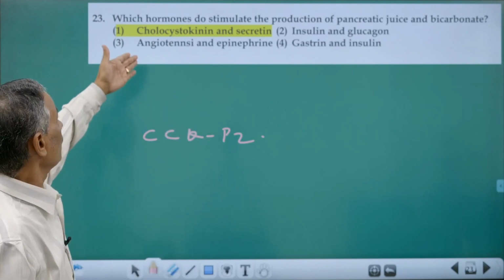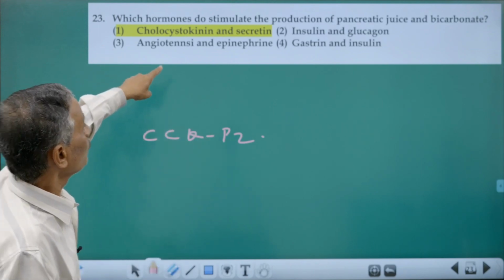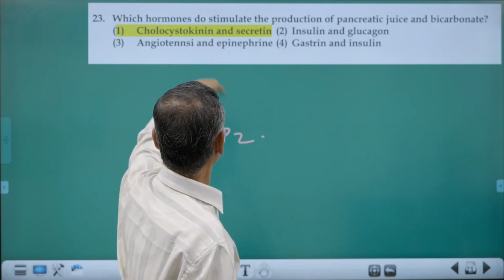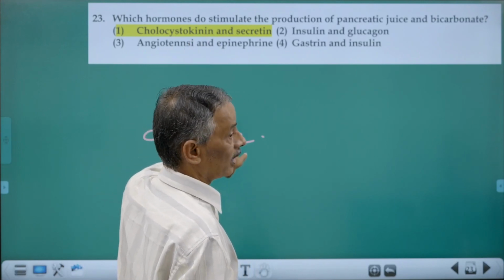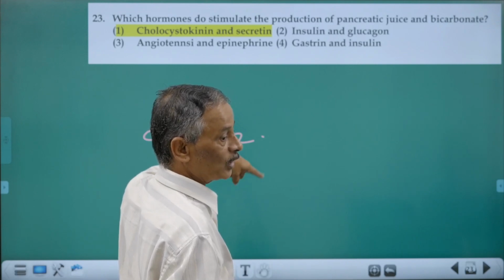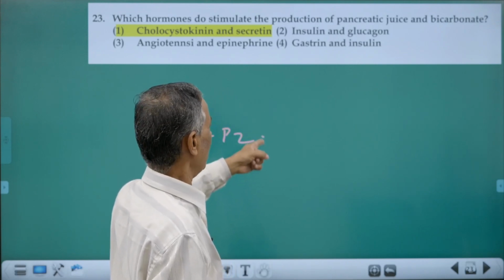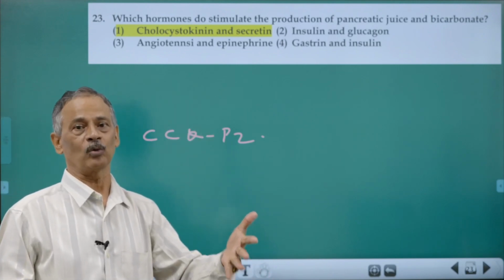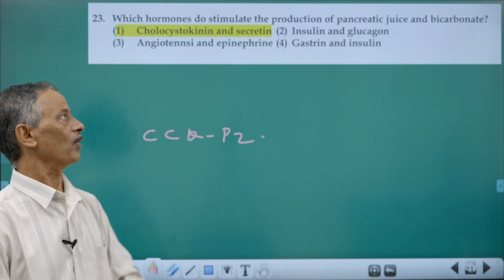Bile comes out. This PZ, pancreozymin, acts on the pancreas, causing the second secretion of the pancreas to come out. That will contain the enzyme part.